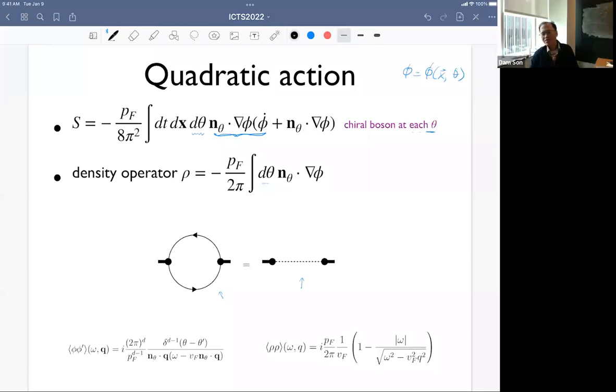The difficulty, well, let me step back. The difficulty with the field theoretical approach to Fermi liquid theory is that we didn't know what the degrees of freedom are.